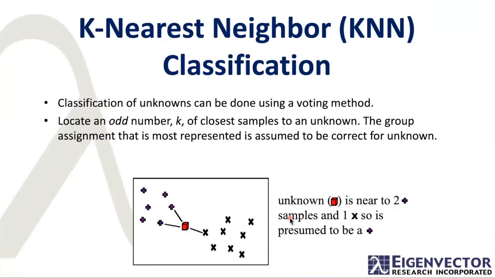In K-nearest neighbor, or KNN classification, we get unknowns being classed based on how close they are, and we use a voting method. So here's an unknown down here, this little square. I've got one class on the right-hand side in X's, and pluses is another class over here. And we'll make distance measures. I'll measure the distance to all the points in this class here and all the points in this class here.